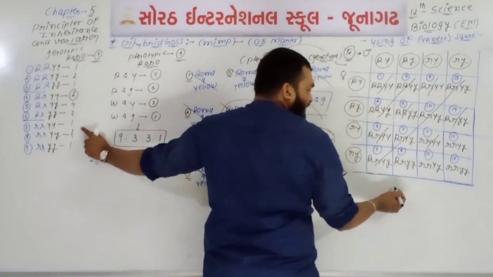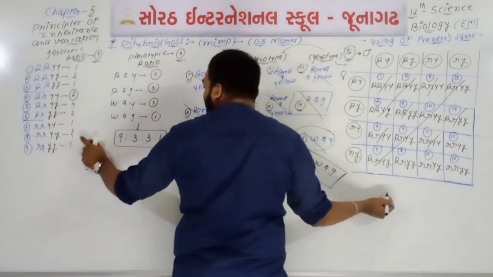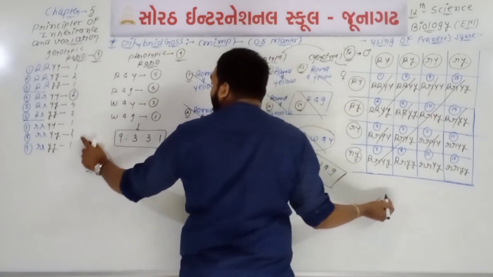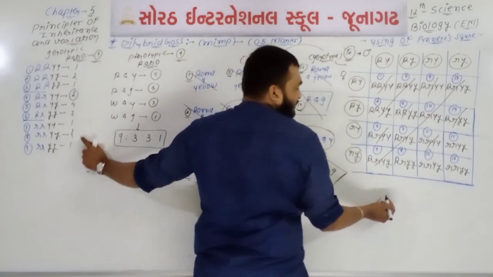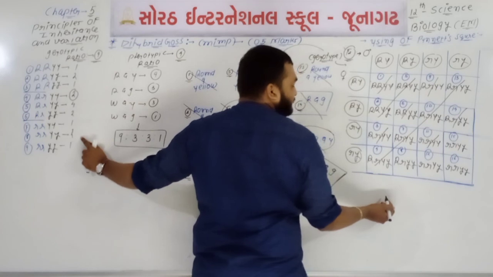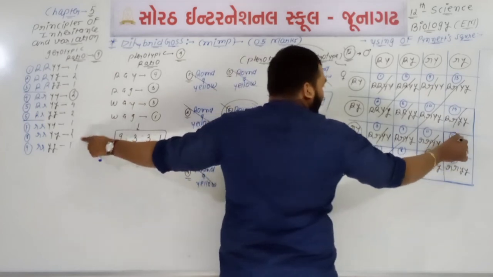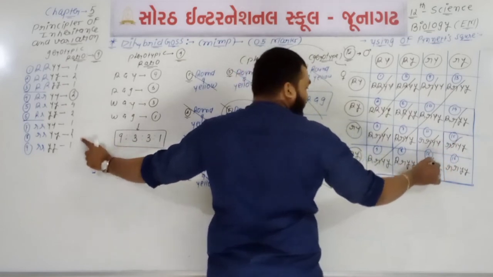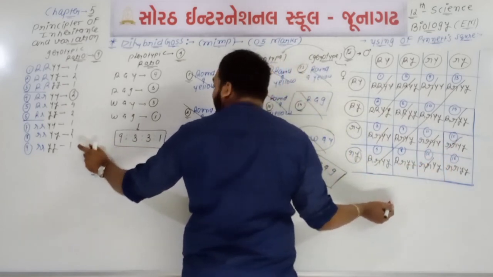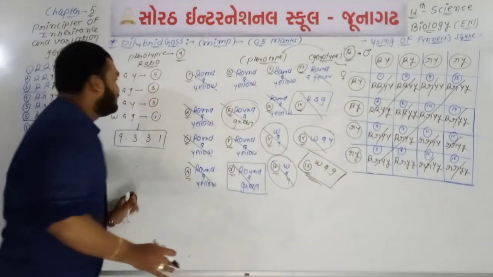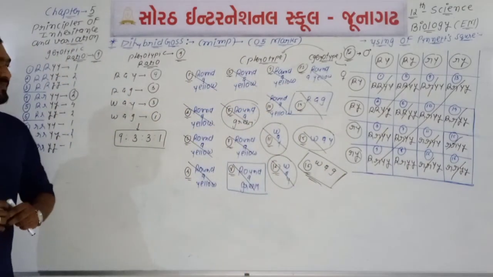Now next one is small r capital Y, small r capital Y, small r capital Y, this. And the last one is small r small y. So these are the ratio.